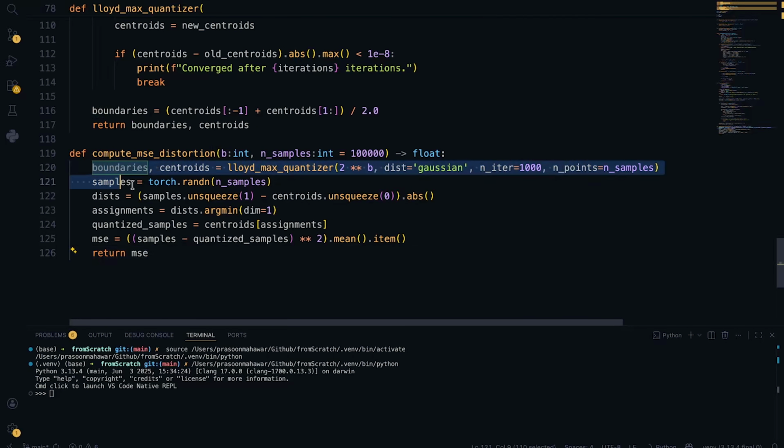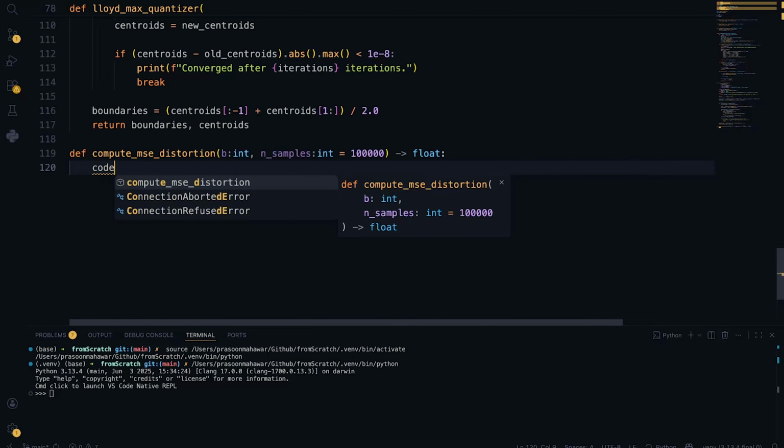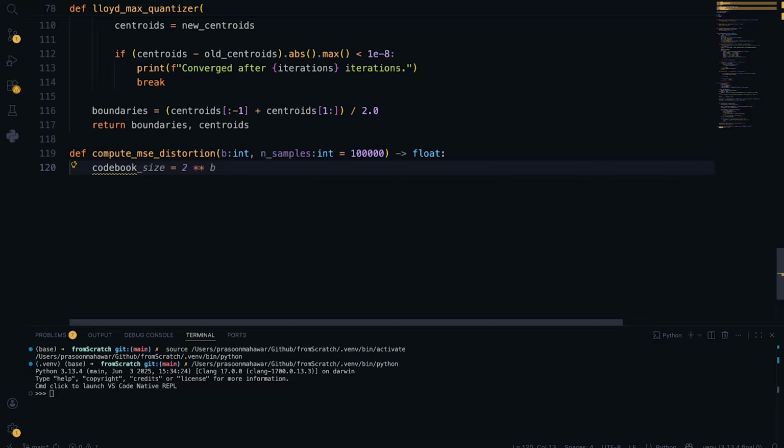So the codebook I was talking about, basically this function empirically measures the MSE distortion of the Lloyd-Max codebook at bit width b.